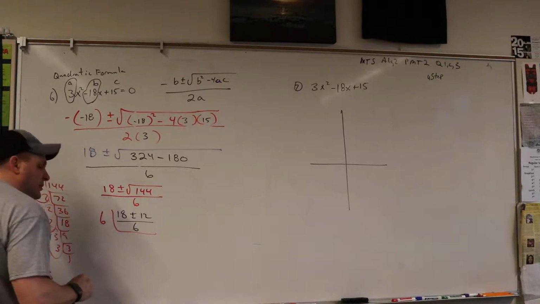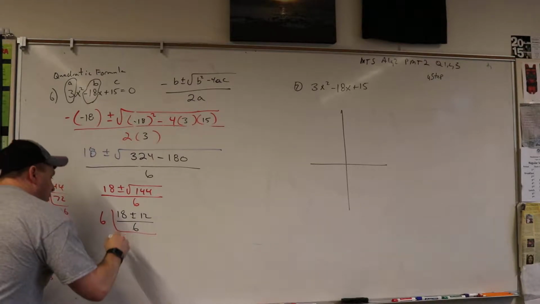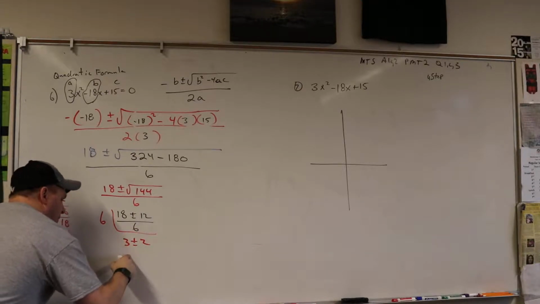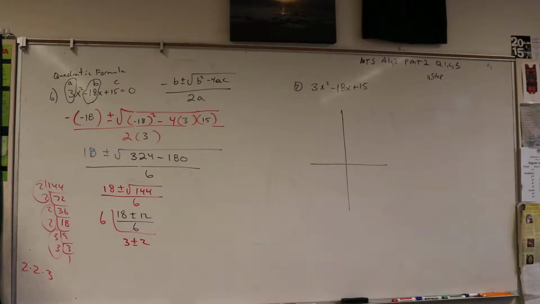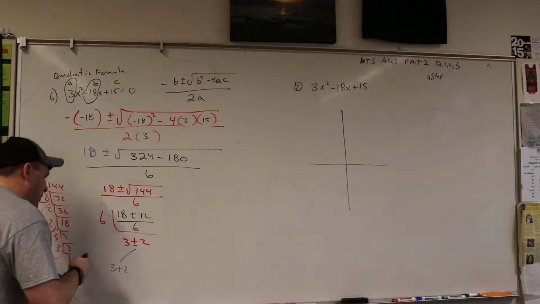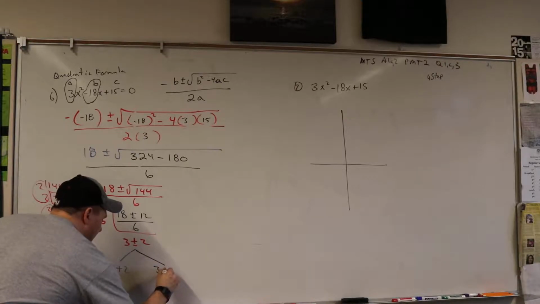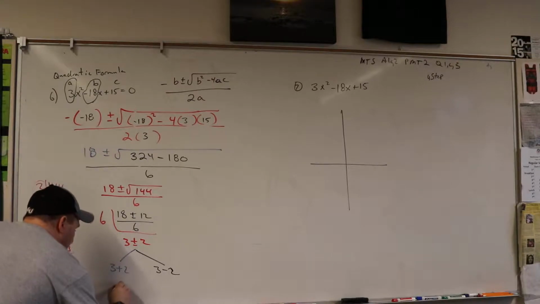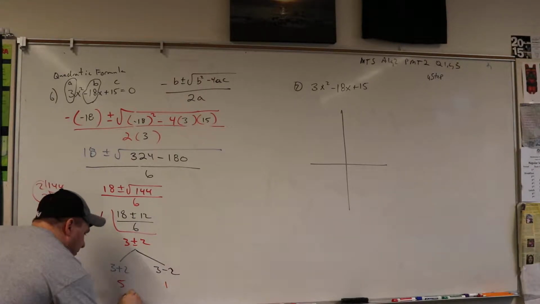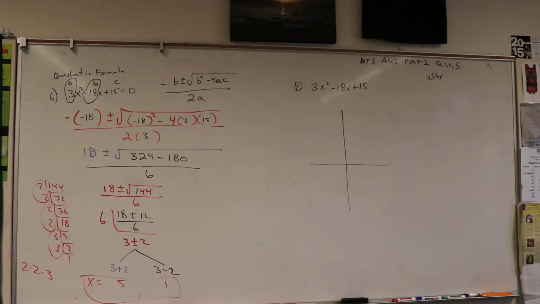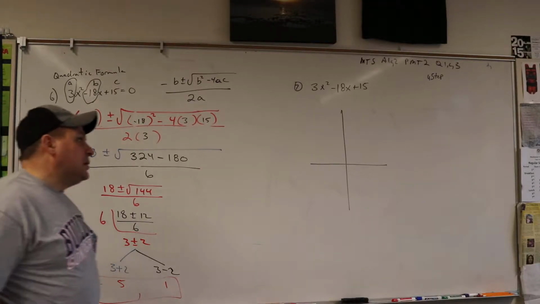It goes in 18 3 times, in 12 2 times, and in 6 once. So we're saying 3 plus 2 and 3 minus 2, which is 5 and 1. So that's your x. That's the quadratic formula.